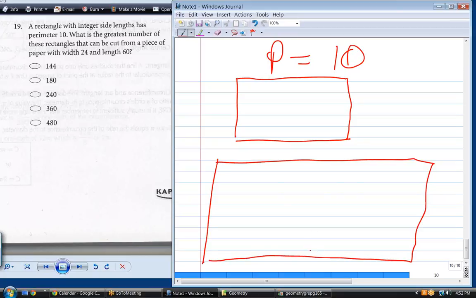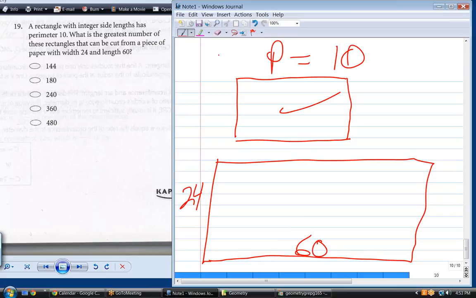So if I had a piece of paper that was 60 by 24, and I wanted to make a bunch of these rectangles by cutting it out of this, how many can I make?